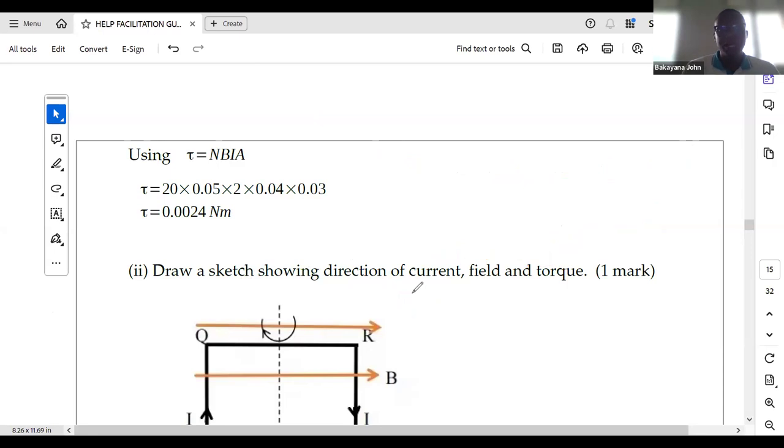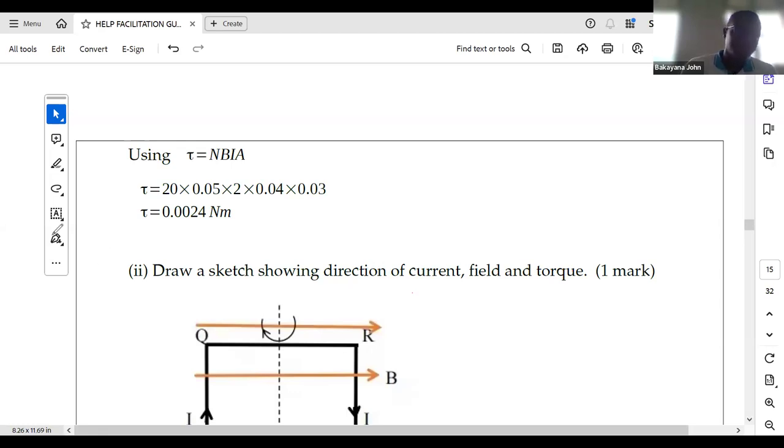Okay, so that's what we have with force exerted on a coil, and specifically what happens when a torque is exerted on a coil. Is that okay?